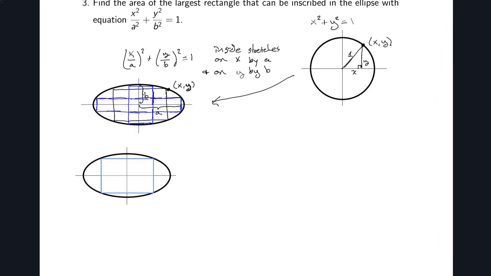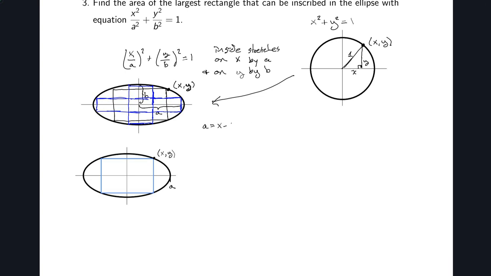Okay, so I've redrawn my ellipse with a single inscribed rectangle inside of it. Here's our point x comma y. This distance is a. This is the a equals the x radius, which is not a formal term at all. You won't normally hear that. This is the major axis because it's wide, but let's call it the x stretch.